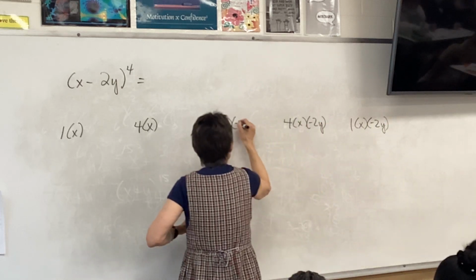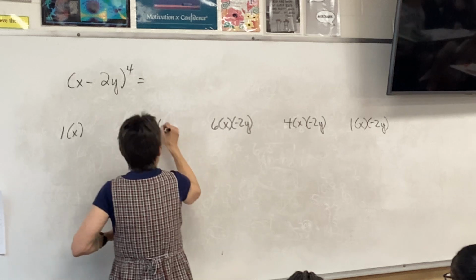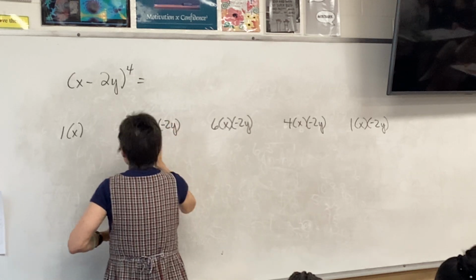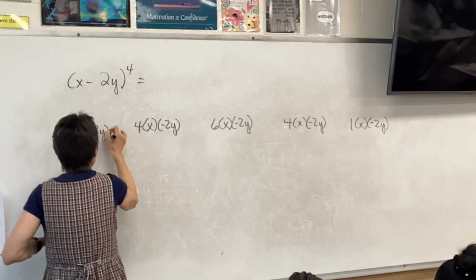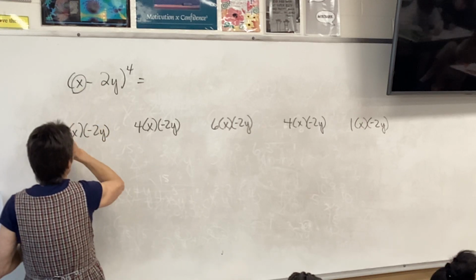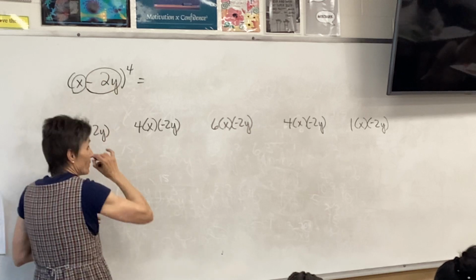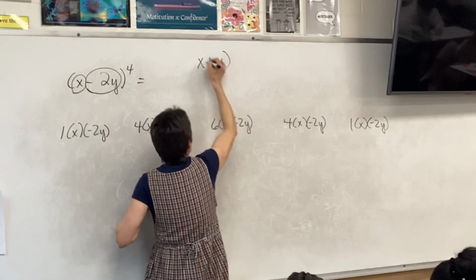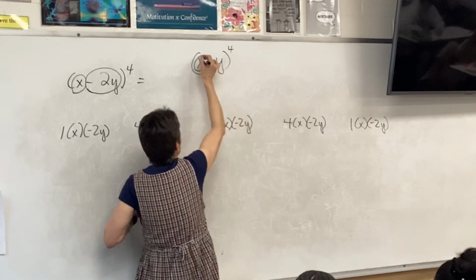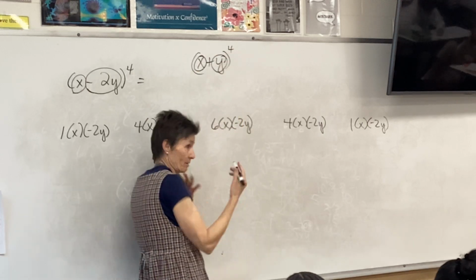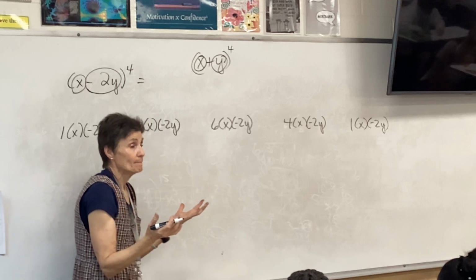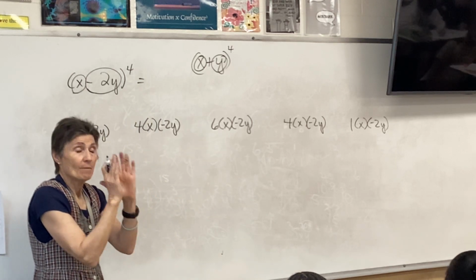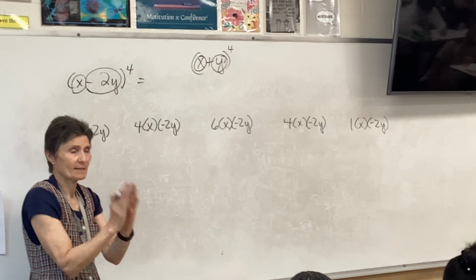So my variables this time are not just X and Y. They are X and negative 2Y. This is one variable, this is the other variable. In the ones I did earlier, this was one variable and this was the other variable. See, those were easy. Now it's gonna be a little more complicated, but the process is exactly the same.